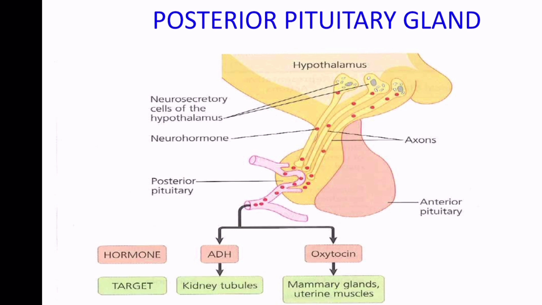ADH is antidiuretic hormone that will travel along the blood vessel and target the kidney tubules to regulate the osmoregulation or fluidity in the human body, while oxytocin will target mammary glands and uterine muscle in female humans.